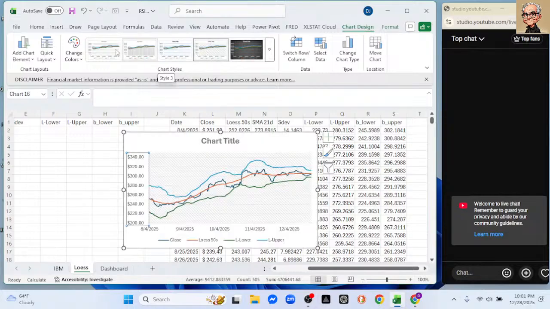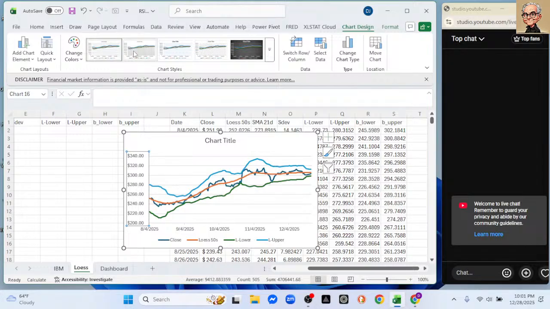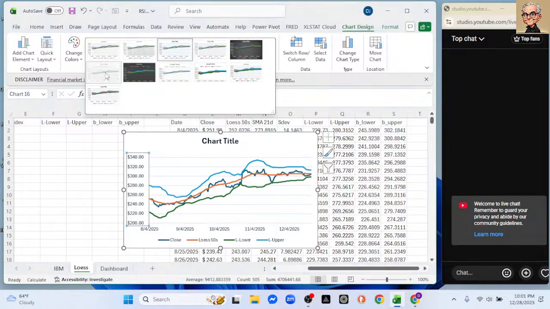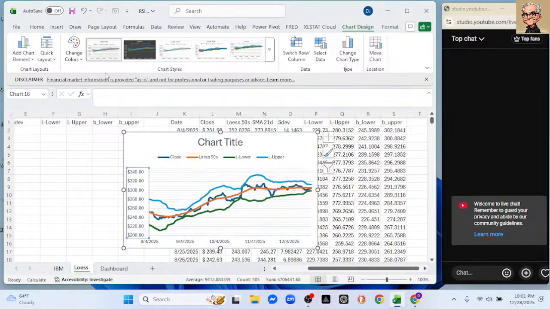What do you think about this? That's not too bad having it up above, is it?